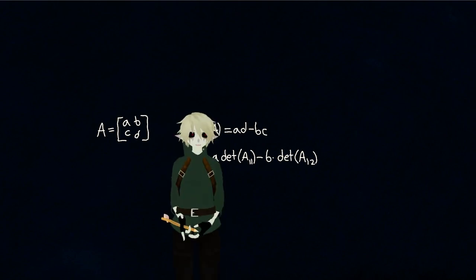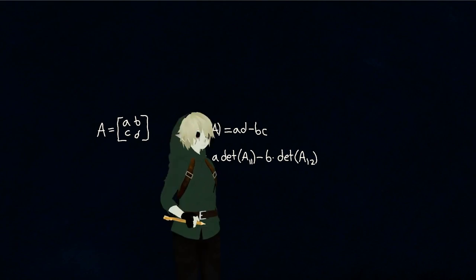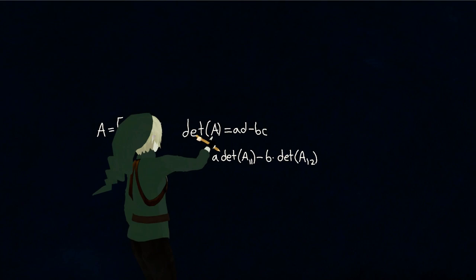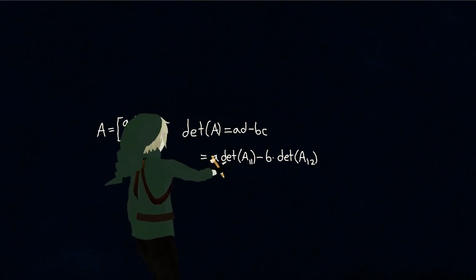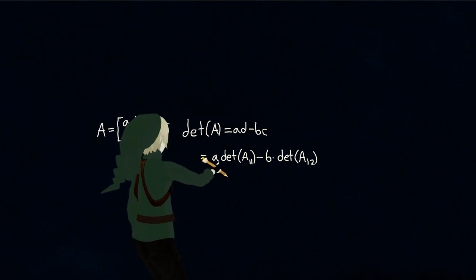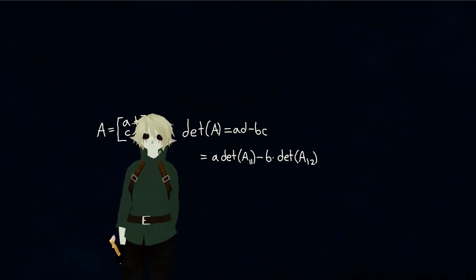Now you're probably thinking, okay, so what? What does this have to do with bigger matrices? That's the thing. For bigger matrices, it's not going to look like this. It's going to look like that. This whole portion here is what the determinant would look like when you compute it for bigger matrices.